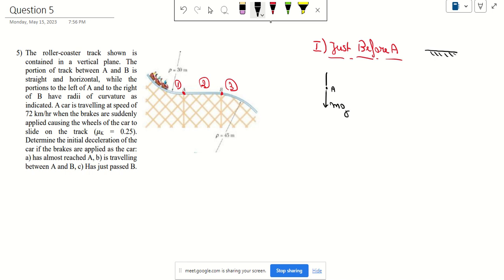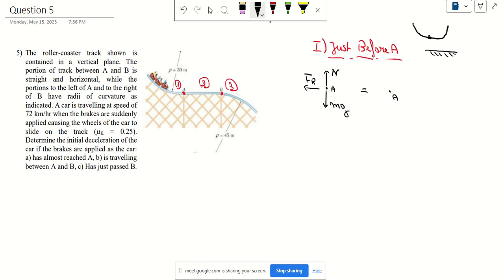We have contact with the track, so this is the normal, and this is the friction force. The question asks just before A, where we are moving on a circular path. It's horizontal, but it's a circle, as if I am at the bottom of the circle. It's horizontal, but we are still on a circular path.